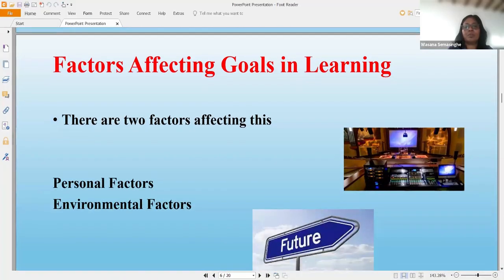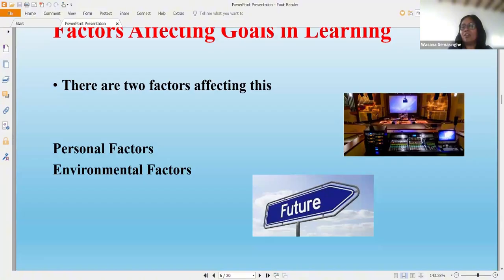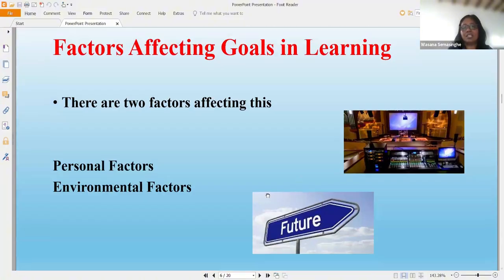So let's talk about factors affecting goals in learning. There are two factors. One is personal factors. Your personal factors, your hygiene, your health, your mental states all affect learning and achieving your goals.